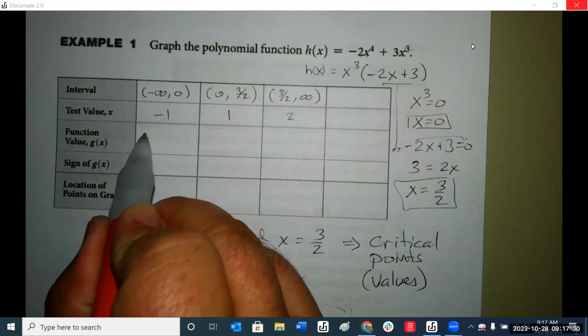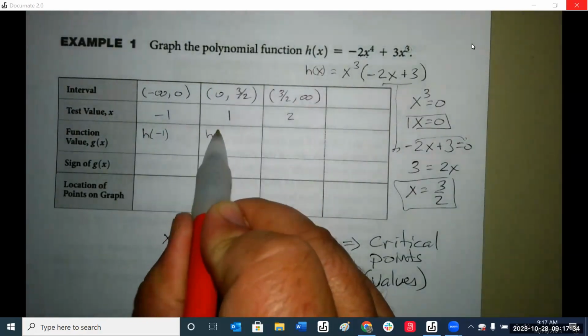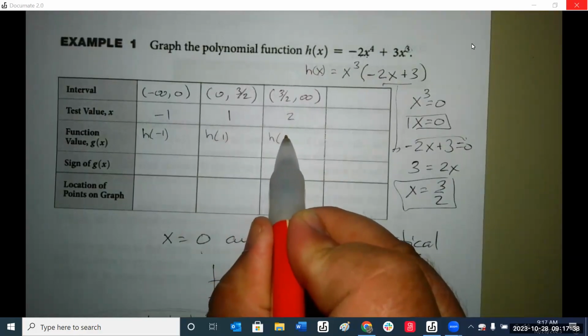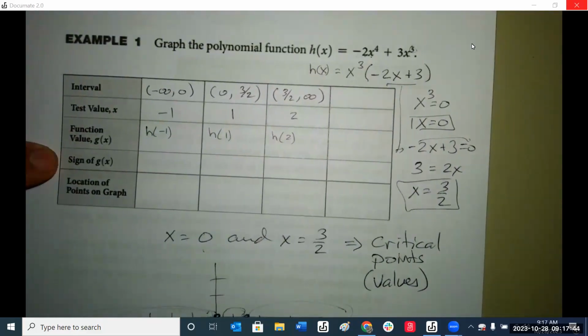And what it's telling you to do is plug those values into the original equation and just see what the sign's going to be. If it's positive, that means on this side of the graph, it'll be up here. If it's negative, it'll be down here on this interval. If it's positive, it'll be up here. If it's negative, it's down here. And likewise with the last interval. That's all it wants you to do.